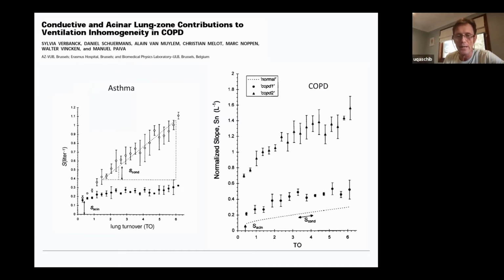You can see this patient's first breath has a value around 0.7 compared to 0.2 or 0.1 of the COPD without airway issues. And you can see as well the slope there afterwards goes up. So there's the combination of convection dependent and diffusion dependent ventilation maldistribution.